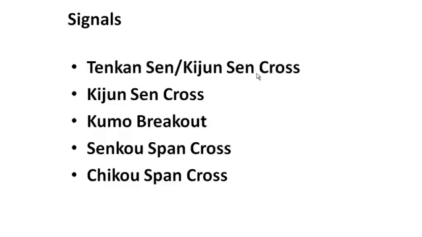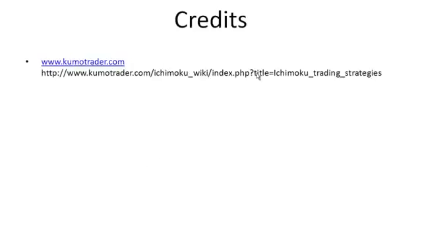The Senkou span cross, which is also called the Kumo twist, which signals a change of trend, and usually I use that for a confirmation signal. And the Chikou span cross, where Chikou actually crosses through price, and it's used for confirmation as well. Some credits, some of this information was taken from kumotrader.com, which gives you all the detailed information about signals and so forth.